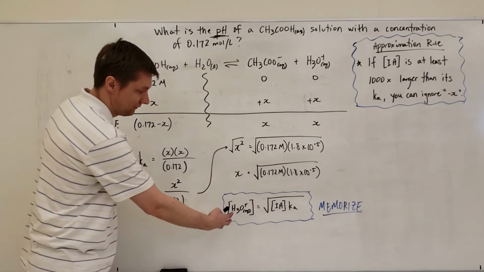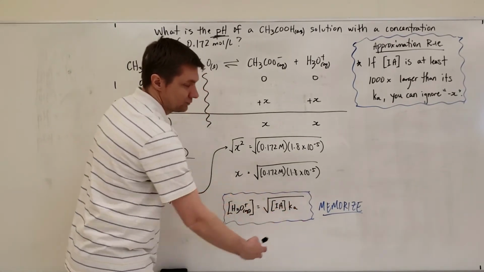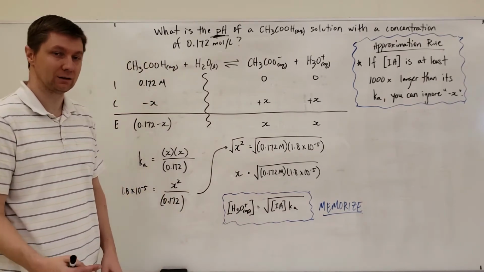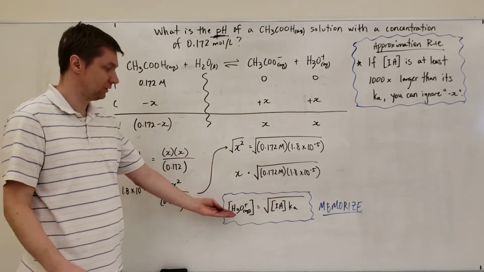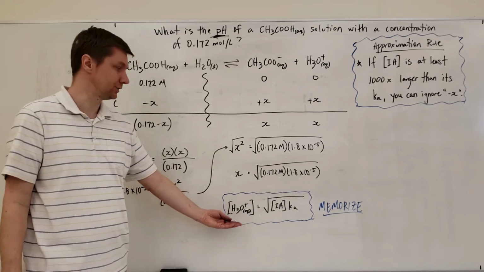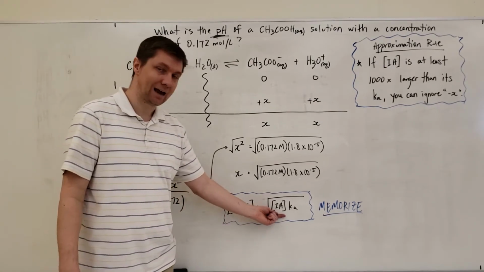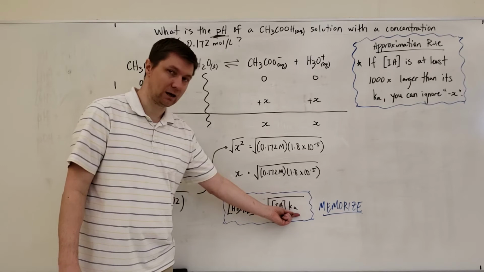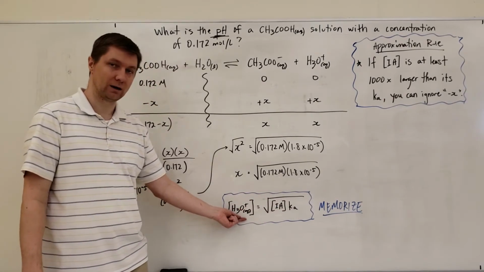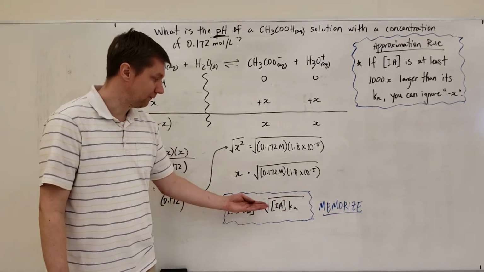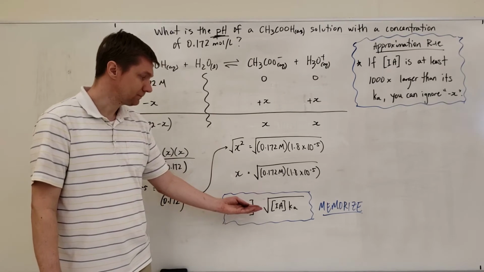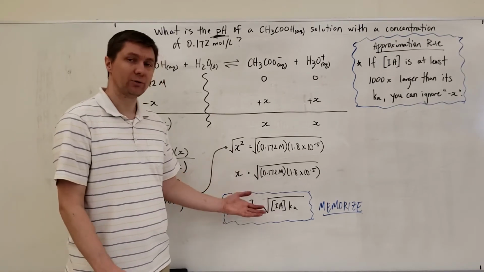And so this is the formula that you can use for any weak acid to calculate the hydronium ion concentration. If you have the initial acid concentration and the Ka, you can calculate the hydronium ion concentration for a weak acid. A couple of things to note.